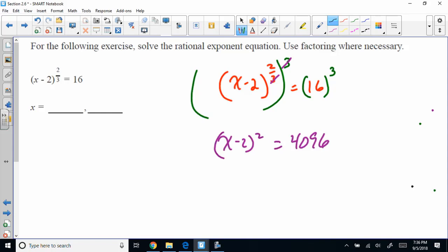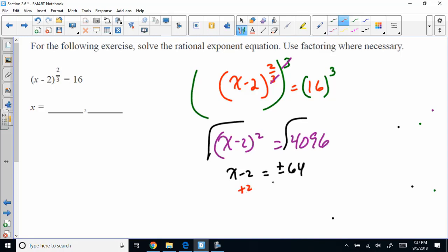So if I got something squared, how do you get rid of something squared? You take the square root. So I told you 4,096 was a perfect what? Square. Right? So that's plus or minus, what is that? 64.